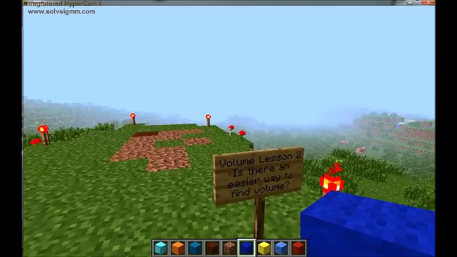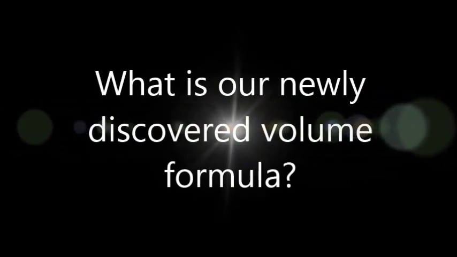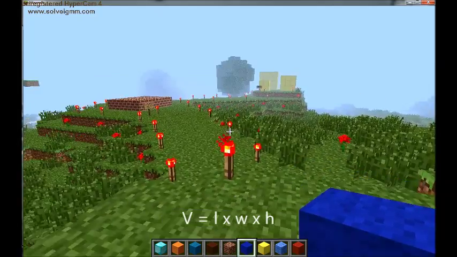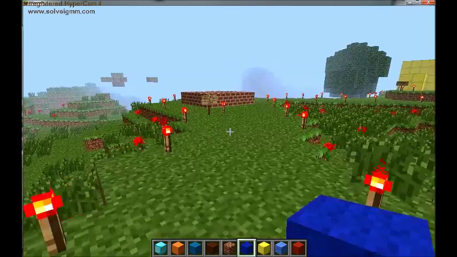So is there an easier way to find volume? I think so. Length times width times height to find the volume of a rectangular prism. Okay, moving on.